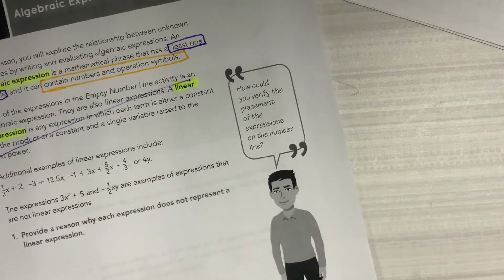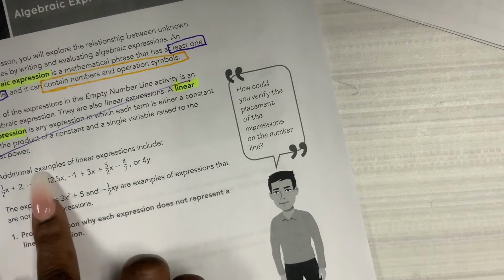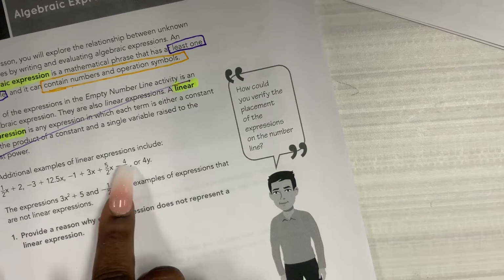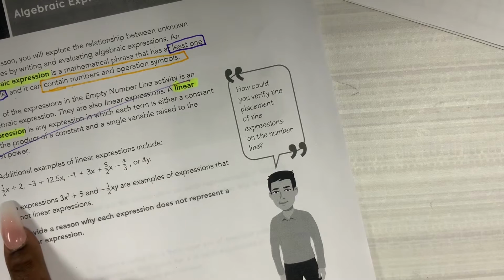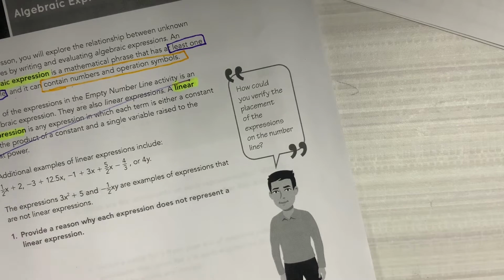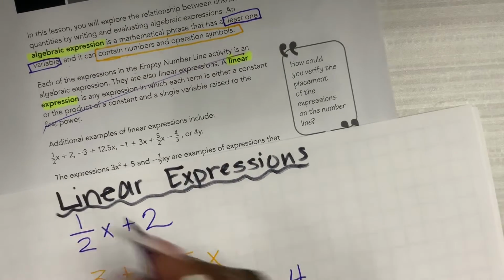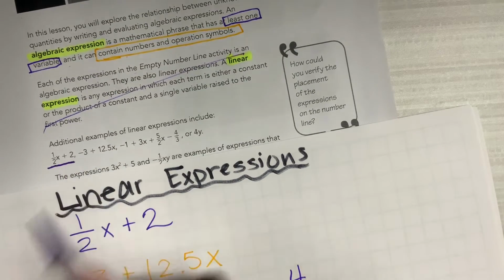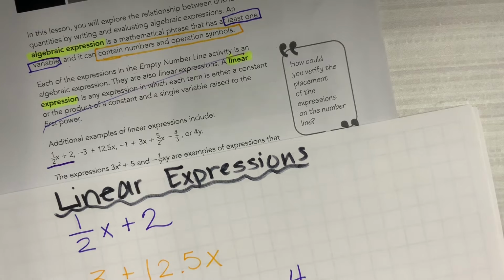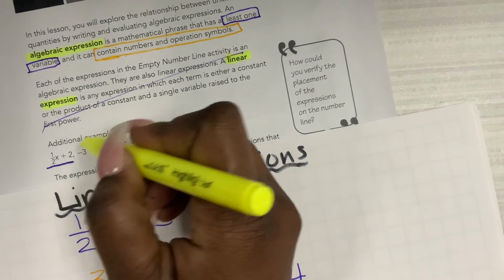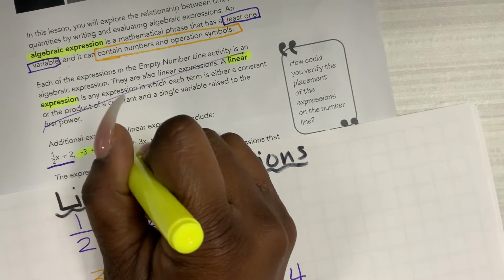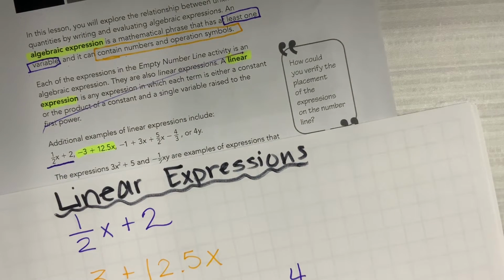So we're going to do a little activity real quick. And they gave us some examples of linear expressions, which include 1/2 plus 2. And I got confused, so I rewrote mine. So 1/2 plus 2. The next one they gave us was -3 plus 12.5x.